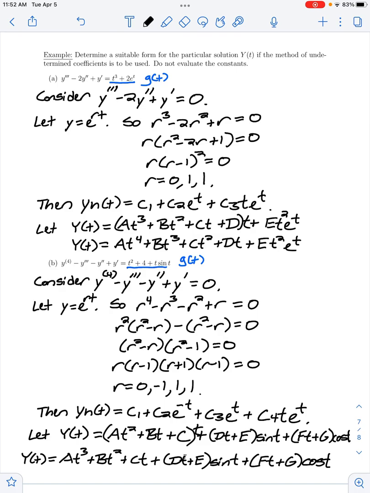So we see in this last example that this method of undetermined coefficients can be generalized. And of course, the more terms that our g of t function contains, or the more complicated our g of t function, the more complicated the general form of our particular solution.